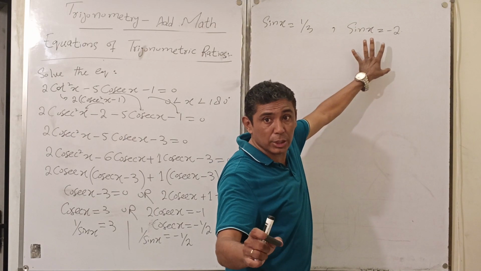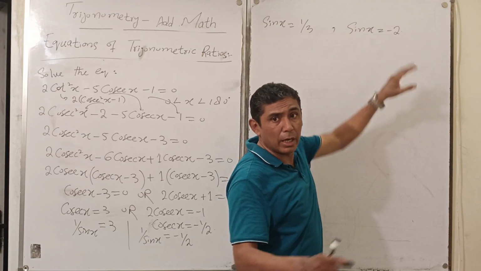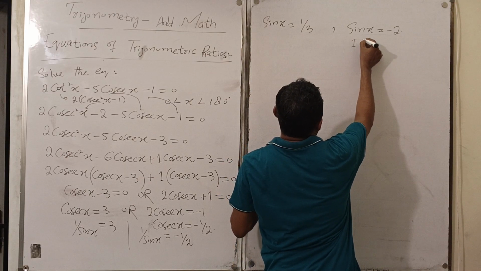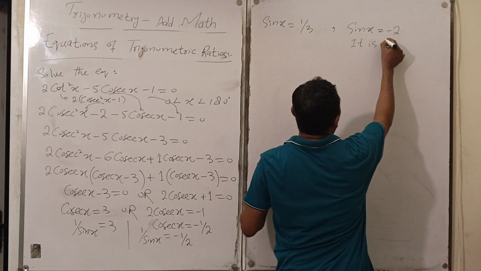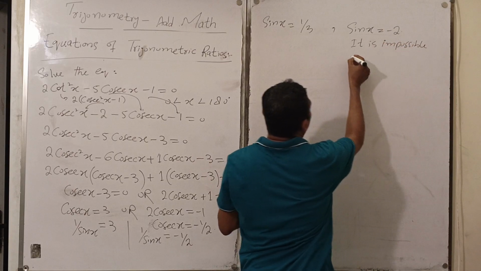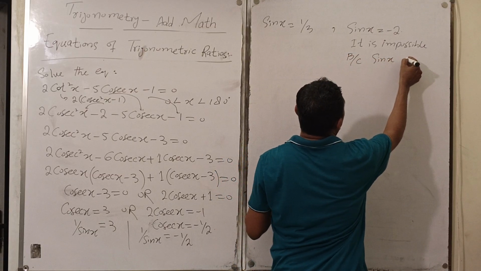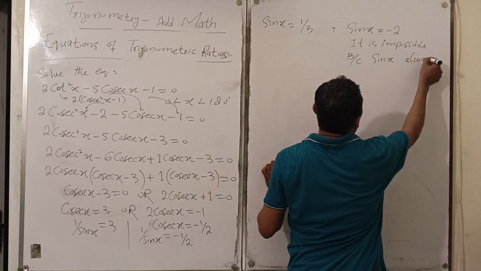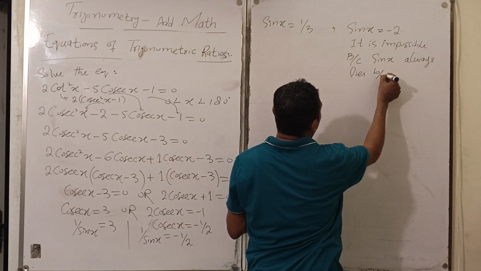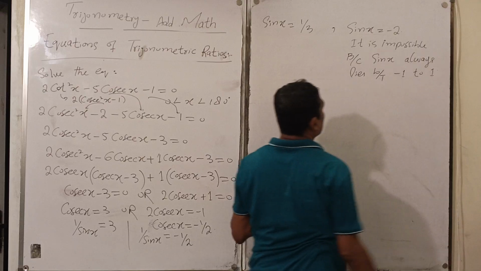No, no, you will mention it, it is the examiner requirement. We will solve and we will mark, we will write the remarks here. It is impossible because sin x always lies between -1 to 1.